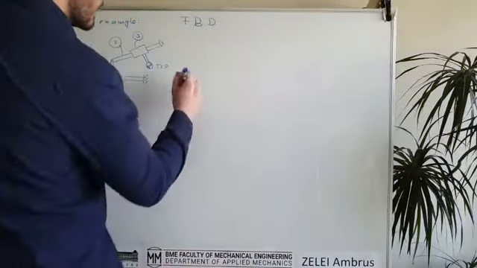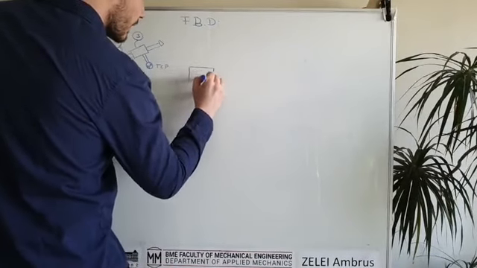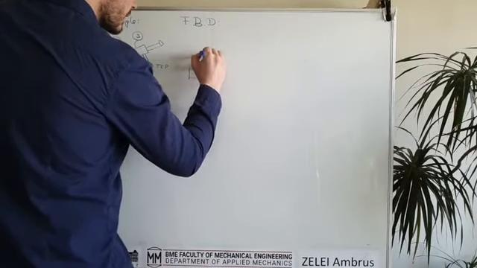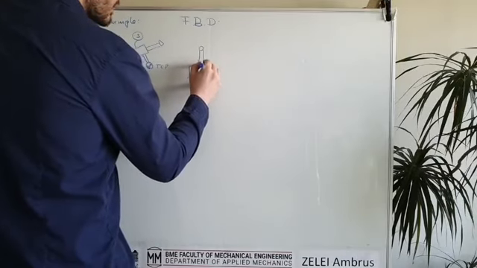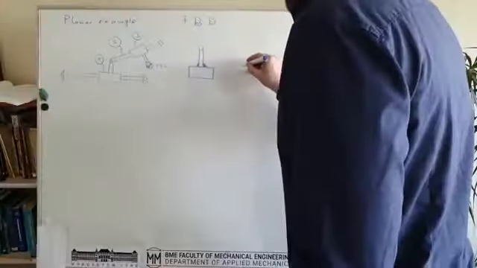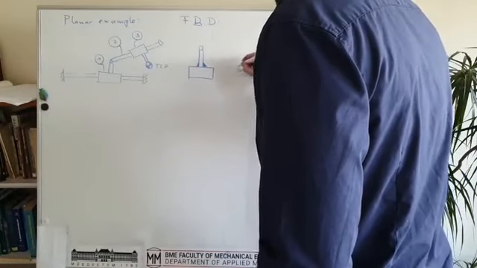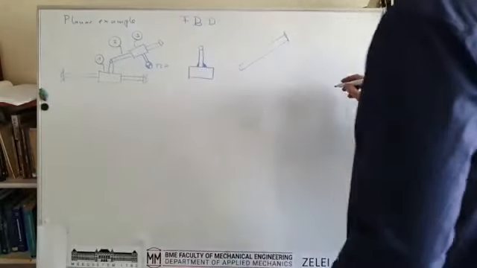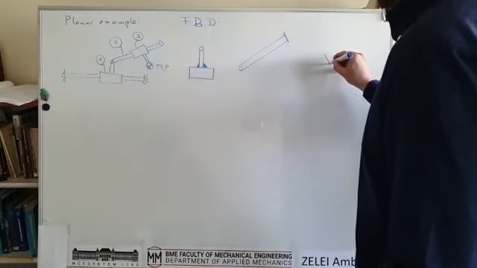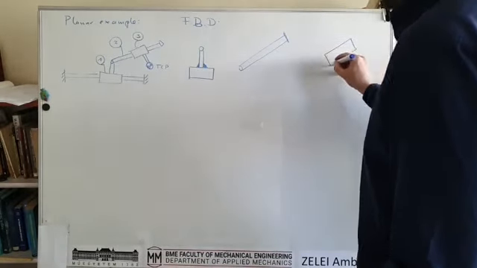I need to copy it to this position because I need to save some free space. And this is the free body diagram for the second rigid body, and the third one looks like this.